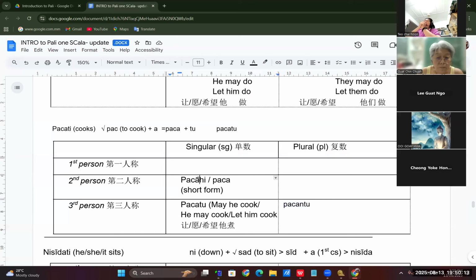But here, remember this is a special form: there needs to be a long A here. Pachahi, Pachata, Pachami, with a long A sometimes. Pachami, Pacha, Pachama.